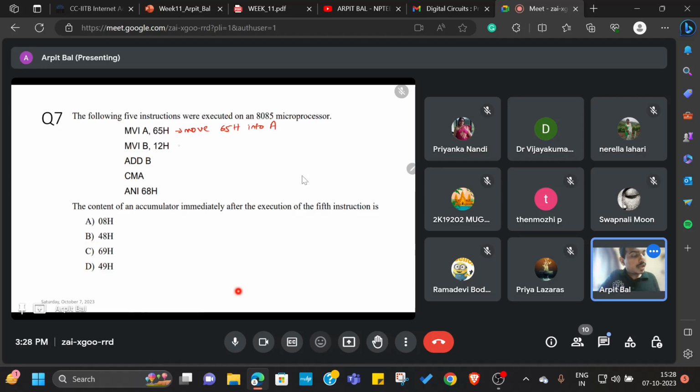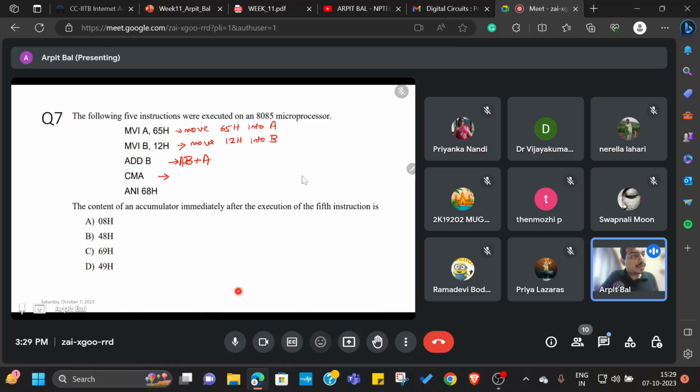MVI B comma 12H means move 12H into B. ADD B means accumulator is equal to B plus the content of accumulator.